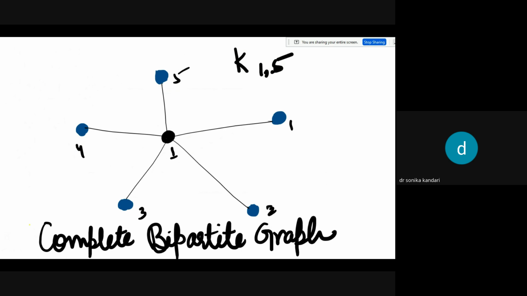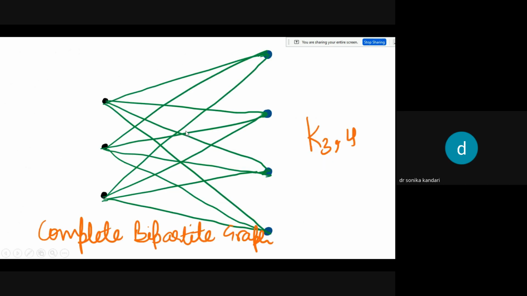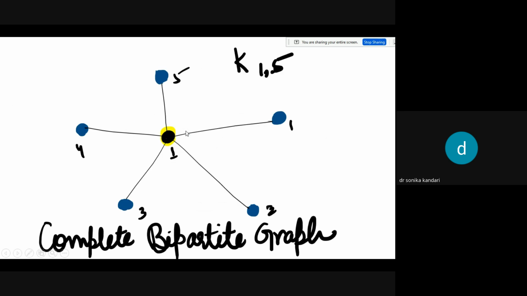Now coming on to the complete bipartite graph. What is meant by a complete bipartite graph? Every vertex of one group is connected to every vertex of the other group.